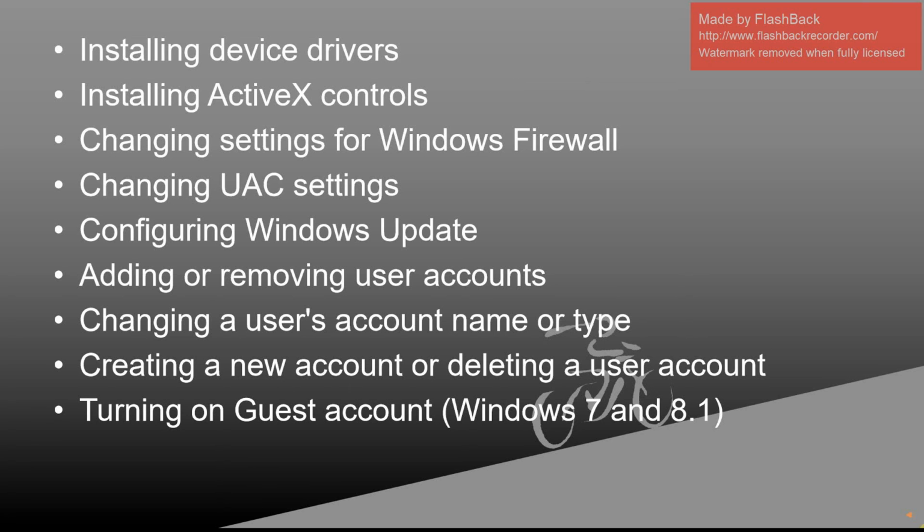Next, installing device drivers, installing ActiveX controls, changing settings for Windows Firewall, changing UAC settings, configuring Windows Update, adding or removing user accounts, changing a user account name or type, creating a new account or deleting a user account. Lastly, turning on the guest account, which is in Windows 7 and 8.1.